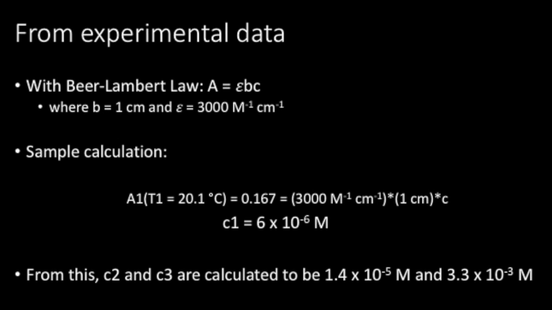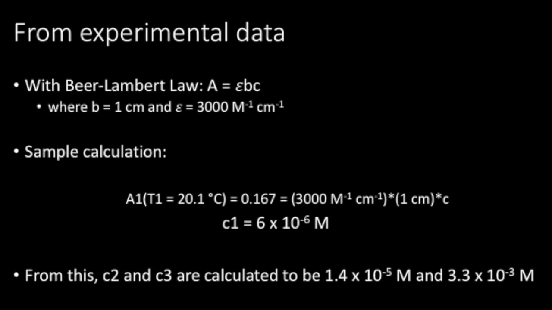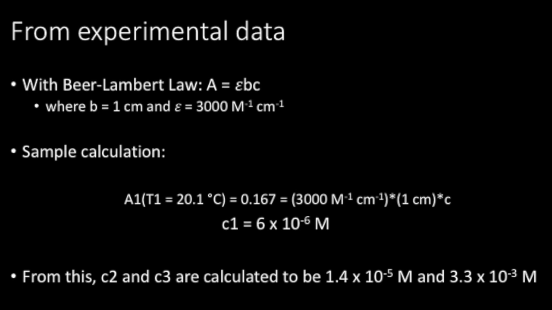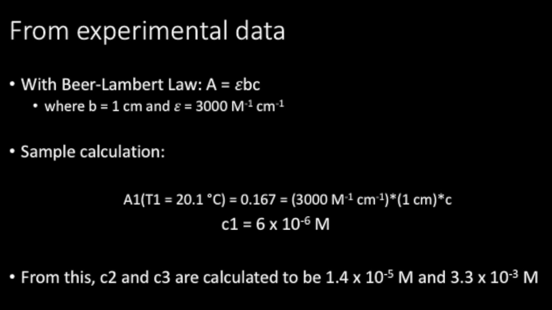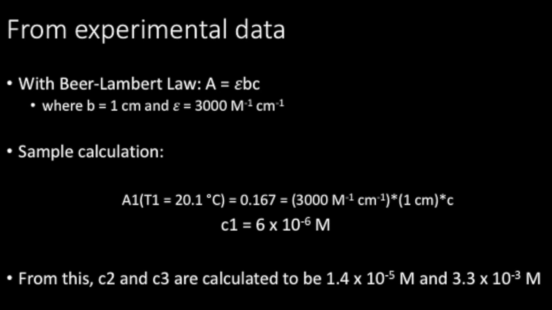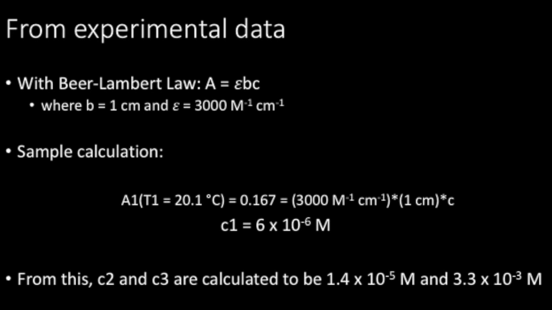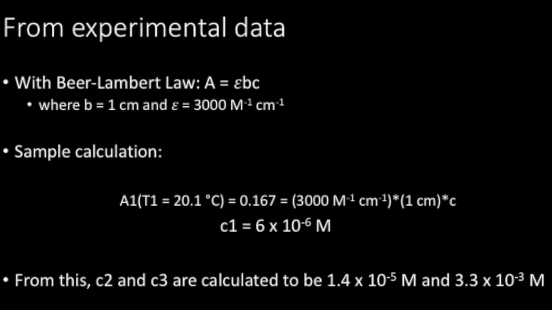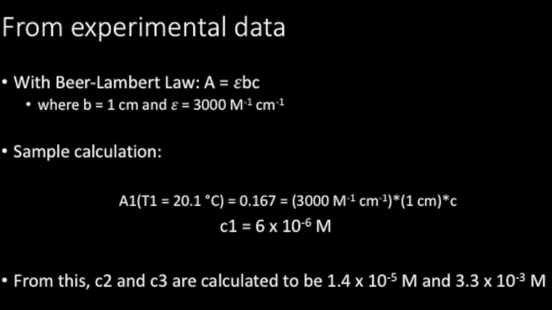The absorbance measured from the experiment at 20.1 degrees Celsius, 45.9 degrees Celsius, and 66.1 degrees Celsius are 0.167, 0.421, and 0.994 correspondingly. Plugging all the values into the Beer-Lambert law, we get 6 times 10 to the negative 6th molar, 1.4 times 10 to the negative 5th molar, and 3.3 times 10 to the negative 3rd molar correspondingly.